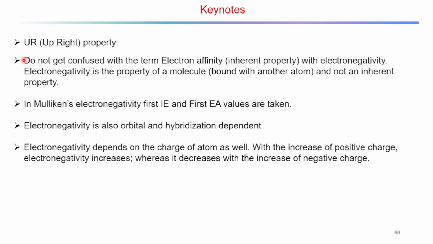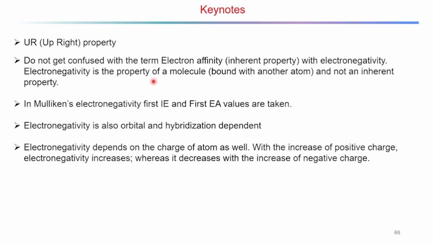Okay, and do not get confused with the term electron affinity, which I have already discussed before. Electron affinity is hugely different from electronegativity. Electron affinity is an inherent property of an atom and is independent of the surroundings, whereas electronegativity is a property of an atom bound with another atom and not an inherent property.